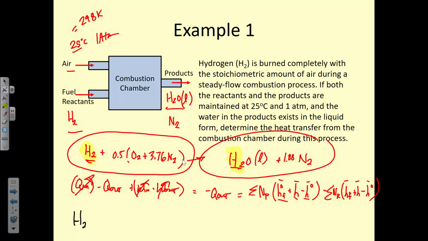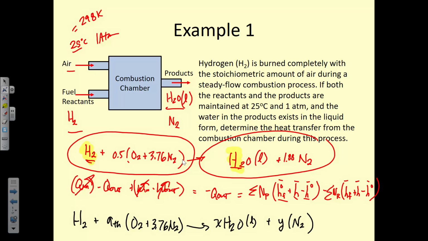The original equation was H2 plus the theoretical amount of air times (O2 plus 3.76 N2) yields X H2O, we have some coefficient in front of that, it's in liquid form, plus Y times nitrogen. Okay, so we know what's coming into our system. We know that it's hydrogen plus the theoretical amount of air. We don't know the exact number for that yet. We have to solve for it.